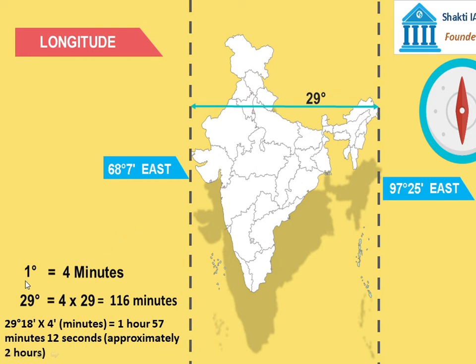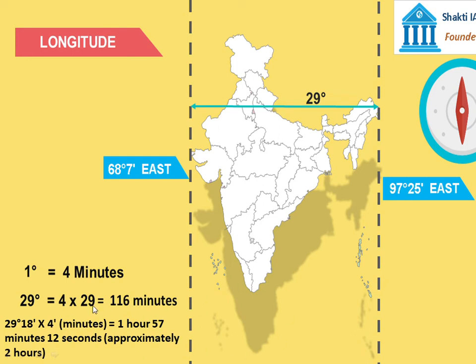So if you travel by 1 degree, you travel by 4 minutes. So you have to adjust the watch by 4 minutes. That's why, if you are traveling to another country, you change the watch. This means if you travel through one longitude, you have to increase 4 minutes.